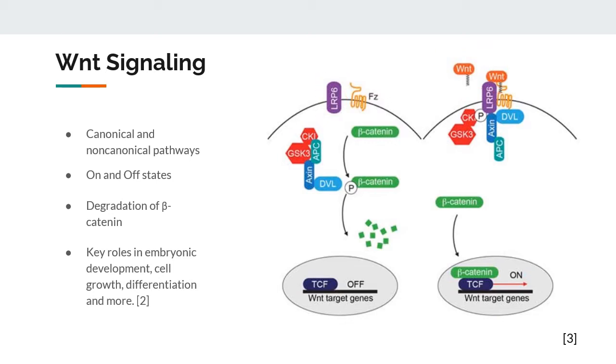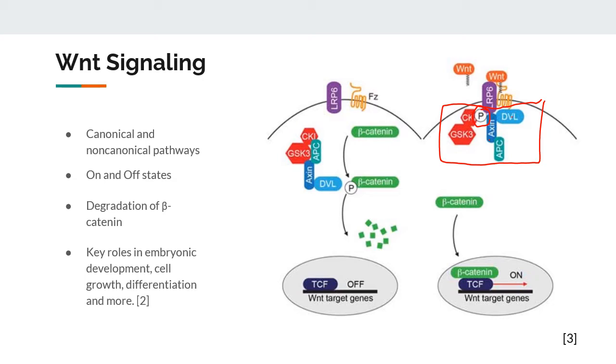Once that attaches, it actually relocates this destruction complex here that contains some key components such as axin and dishevelled, as well as a few other ones, APC, GSK3, and CKI, and also this phosphate ion here.